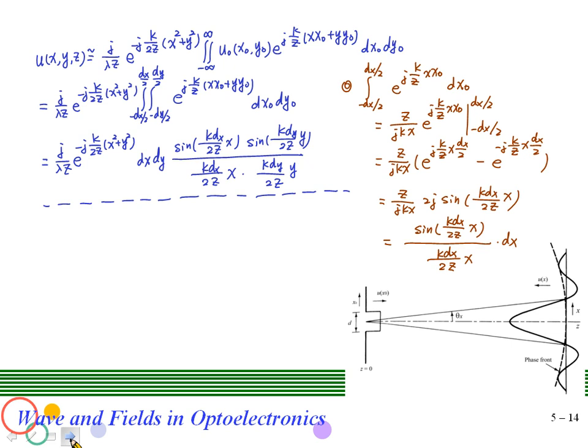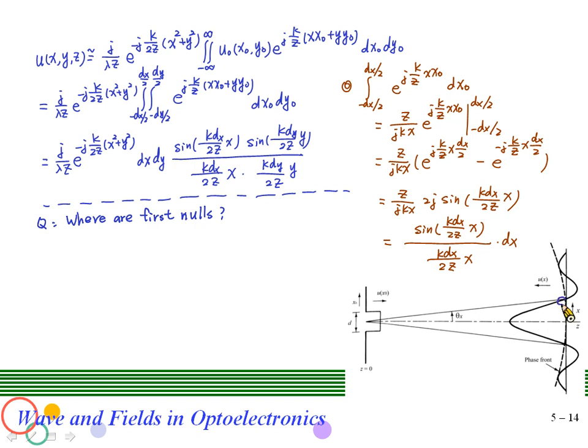Okay, so from this sinc function, I would like to ask you a question, that is, where can we find out the first null of the diffraction field? Clearly, from this figure, you can see the first null means the first 0 point.